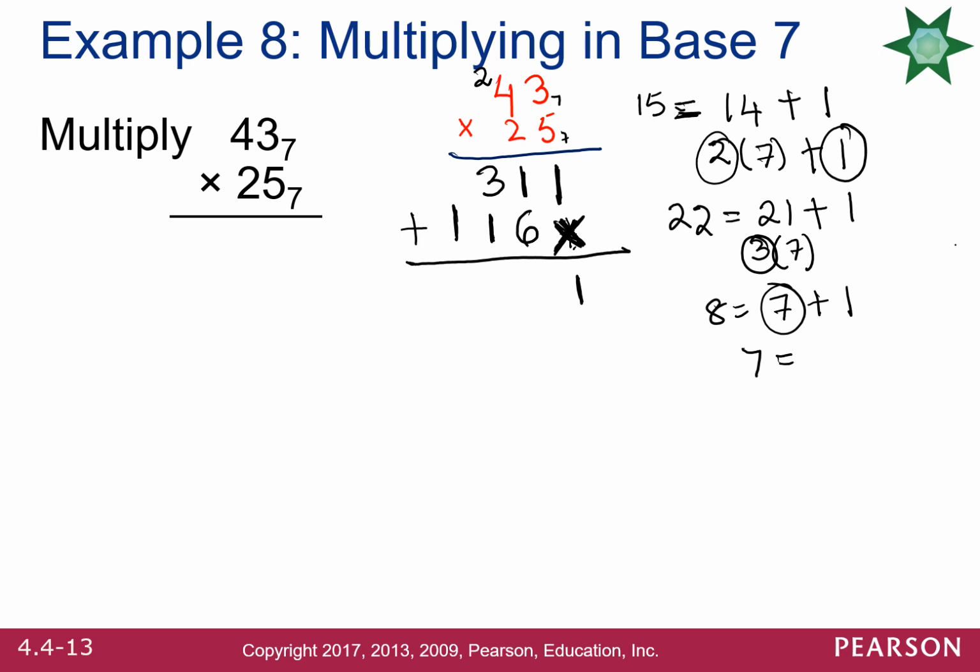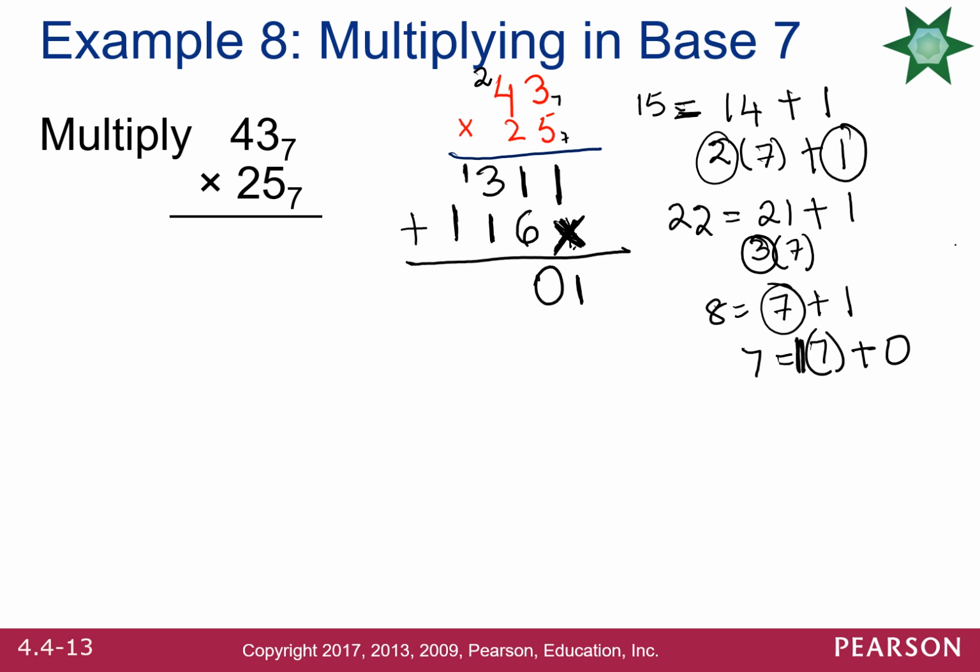So we have to extract the 7 and put a 0. This is like 1 bundle of 7 plus 0. So I'm going to write the 0 here and put the 1 here.